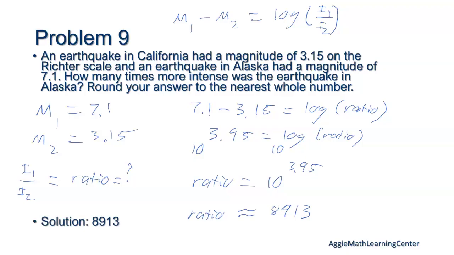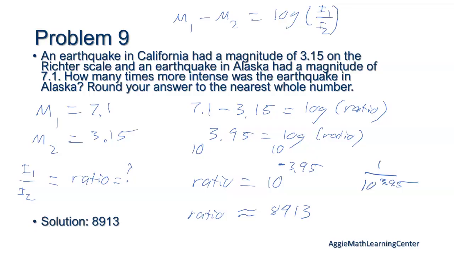I know on the test they might do a very similar thing, but with decibels. But that is the same equation, the same process. The key here is the ratio and the one that we're analyzing. More intense in Alaska, so Alaska. If it was the opposite way around, it would be 10 to the minus 3.95, which would be the same as 1 over 10 to the 3.95.